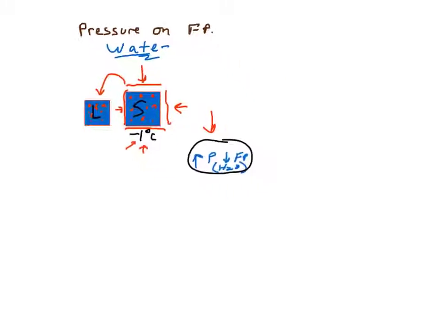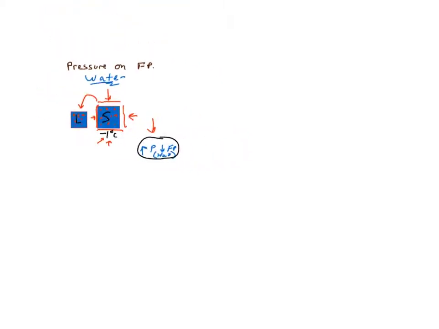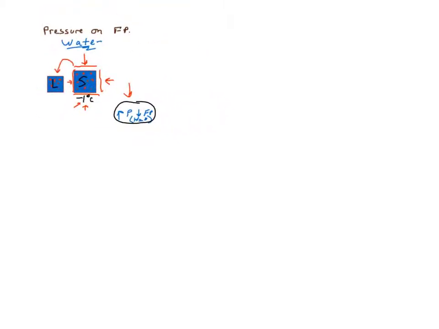Now for everything else, it's pretty much opposite, and here's why. Let's draw two boxes again. And I'll switch the color because it won't be water. Let's say it's gold or something.